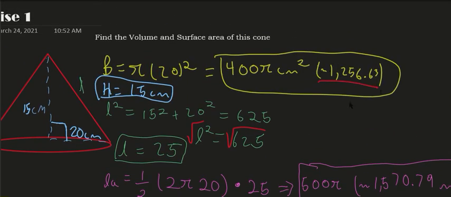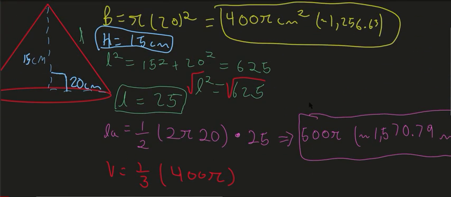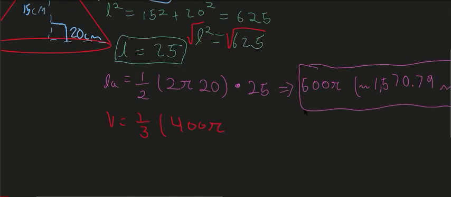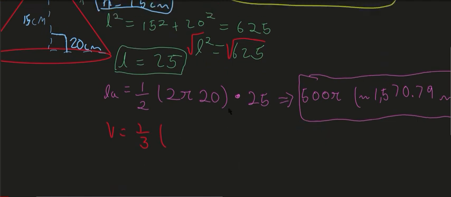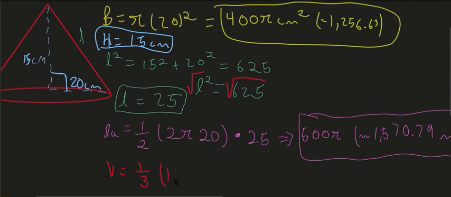It doesn't matter, you'll still get a close enough answer. So instead of 400 pi, I'm going to choose the 1256.63. And we have to multiply all this times the height, which is 15.